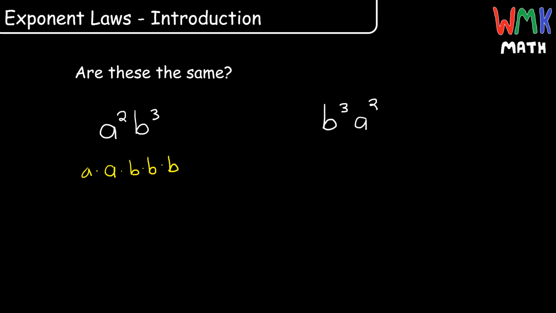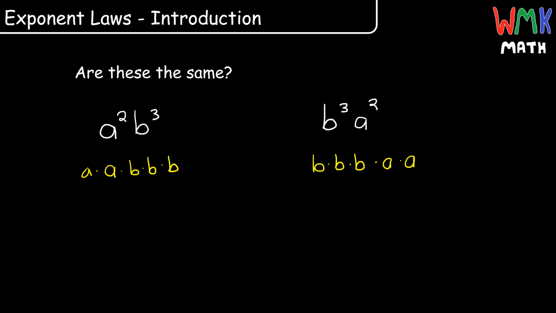On the second term, let's expand this out. It gives b times b times b times a times a. Now, looking at it, it doesn't look like the first one and the second one seem to be the same thing. Now, what is the operation that's holding all of these together?